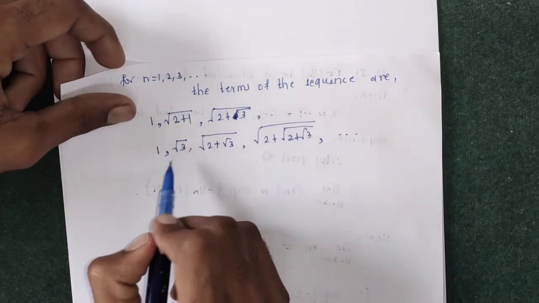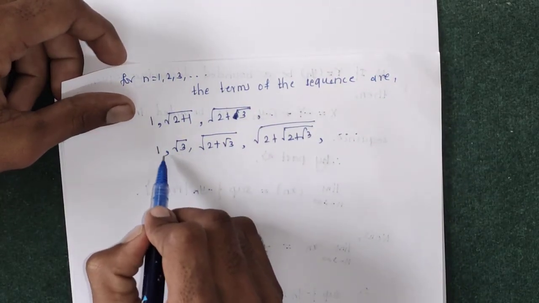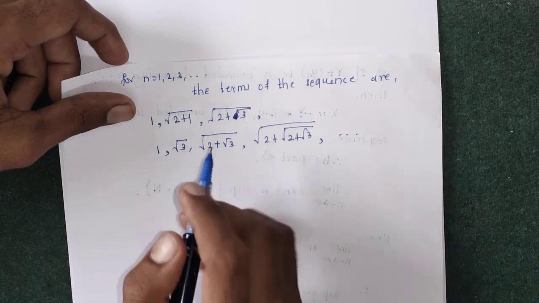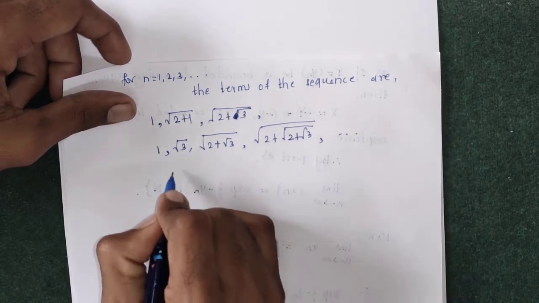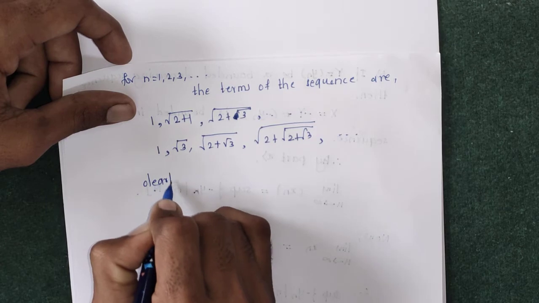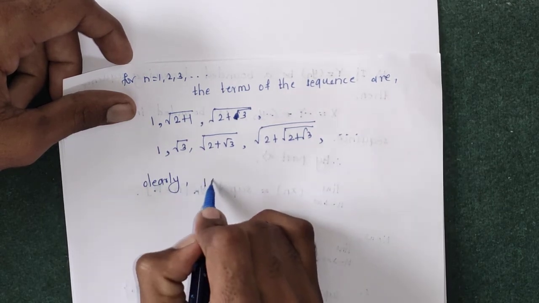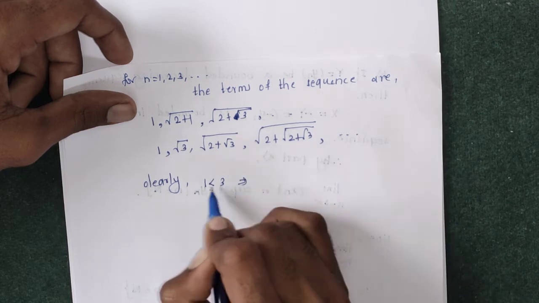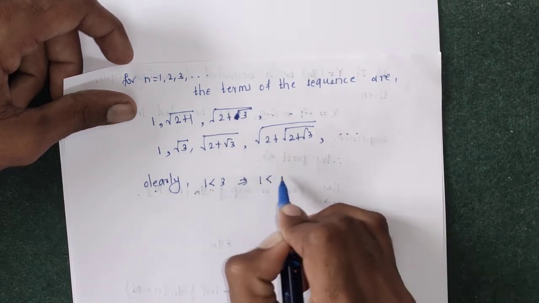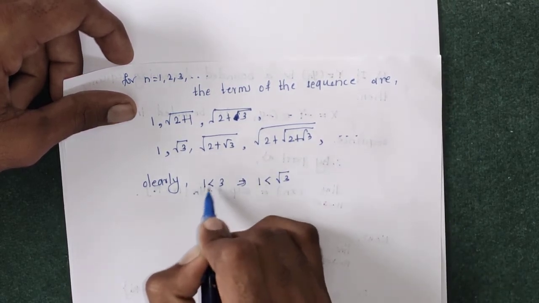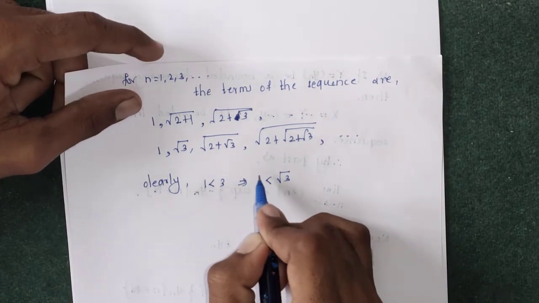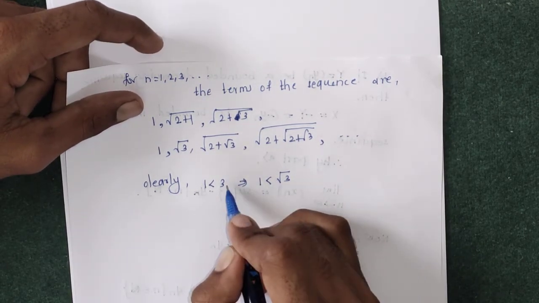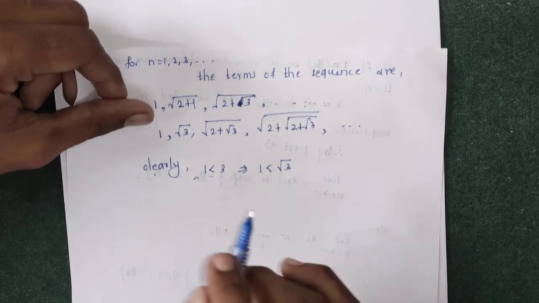So, clearly we can say that 1 is less than or equal to square root of 3, because 1 is less than 3. 1 is less than 3 implies, if you take the positive square root, square root of 1 is 1 and square root of 3 is root 3, so 1 is less than square root of 3.